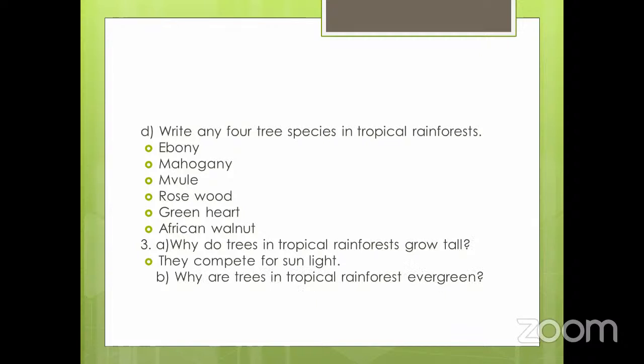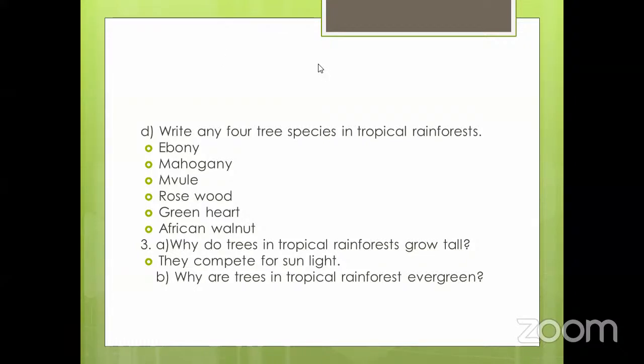In science, they teach you about phototropism, which is basically a plant response towards light. So that is what they are trying to do. Number 3D. Who can read, please?